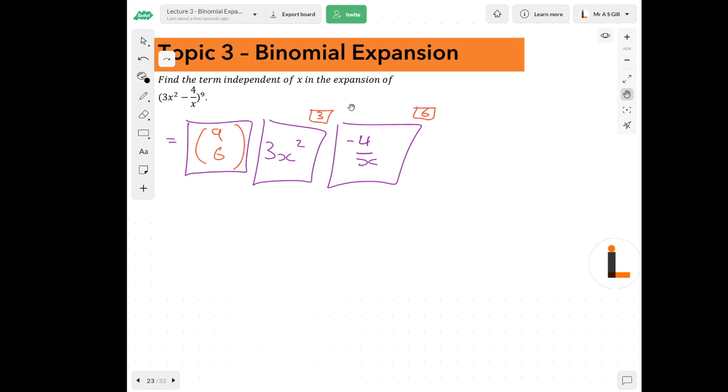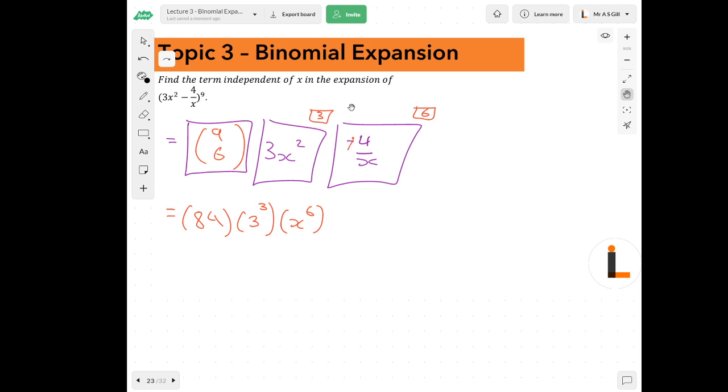And now we can see, if we expand this, we will take 9 choose 6, which is going to give us 84, multiplied by, I'm going to split this term up. So we've got 3 cubed. x squared cubed is going to give us x to the 6. Minus 4 to the 6. Again, we don't need to worry about the minus because we've got a positive index there.